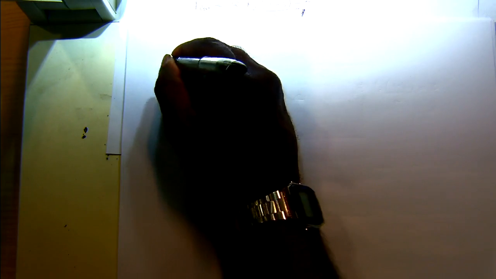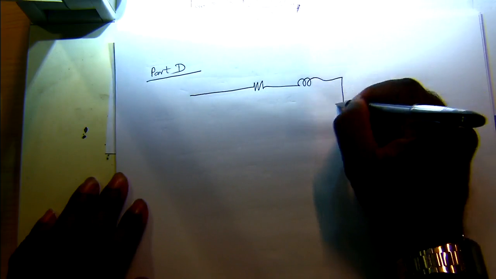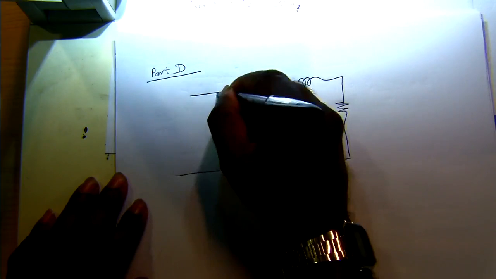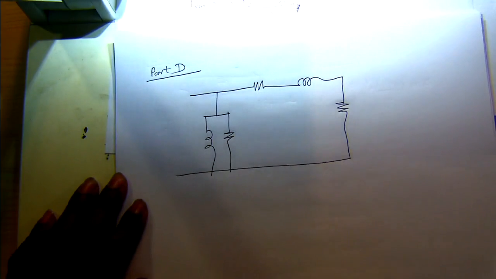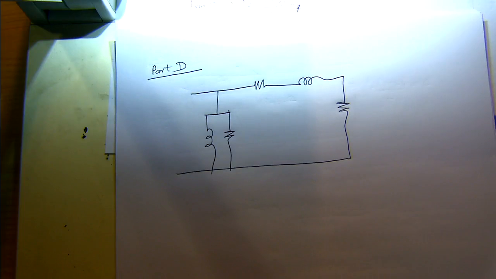So if you look at the power factor, part D, again the same circuit. This is now running at rated conditions.